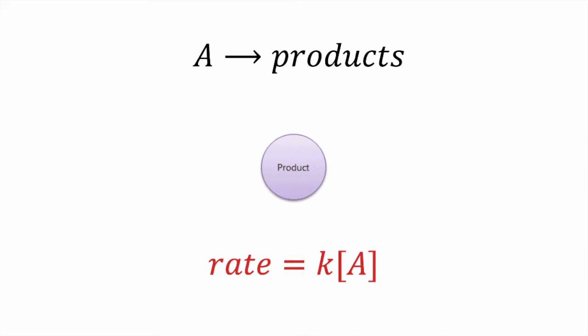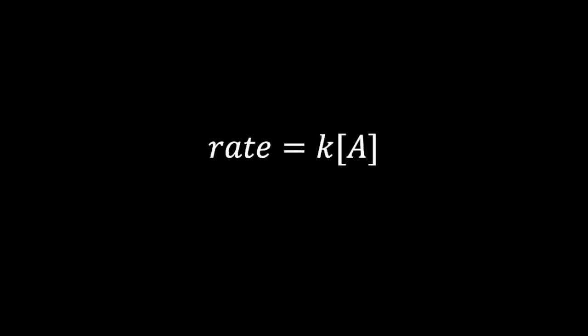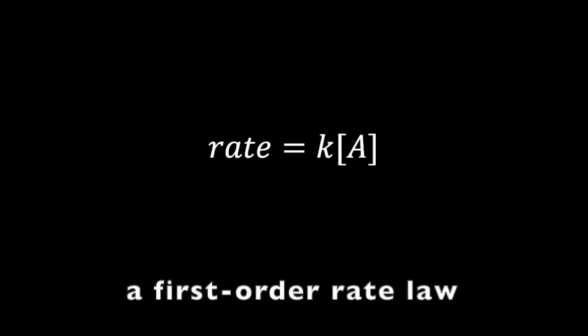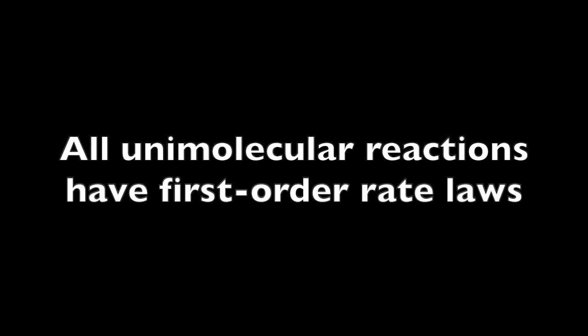Such a reaction might be represented by an equation like this, where A goes to some sort of products. Our rate law for such a reaction is rate equals k times the concentration of A. Notice that this is a first-order rate law. In fact, all unimolecular reactions have first-order rate laws.